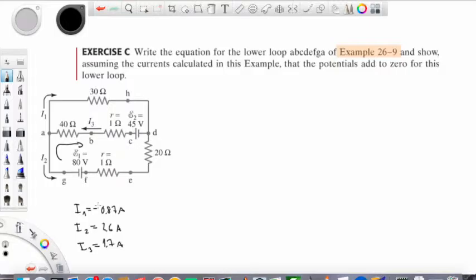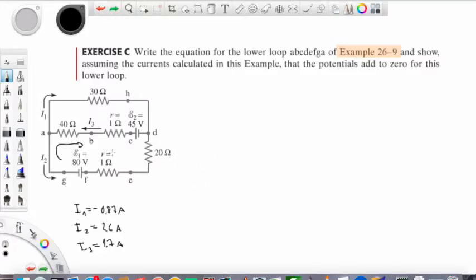Here they decided that I1 would go in this direction, but if you perform the calculations based on the loop analysis, it turned out to be negative. So this means that the actual direction of the current here is going this way. But this just indicates that it doesn't matter what you pick, the calculations will eventually tell you if you were right or wrong.